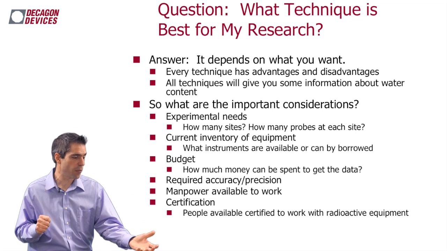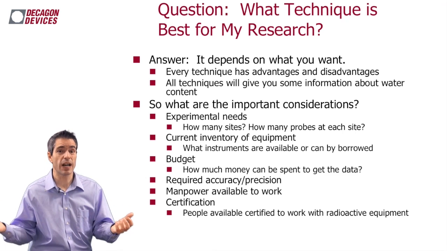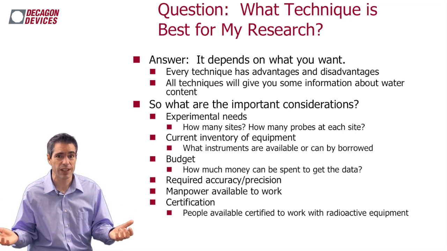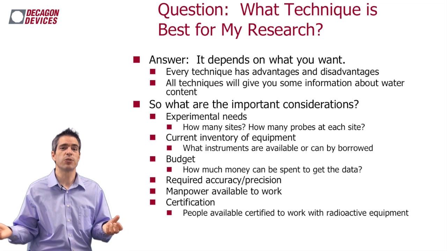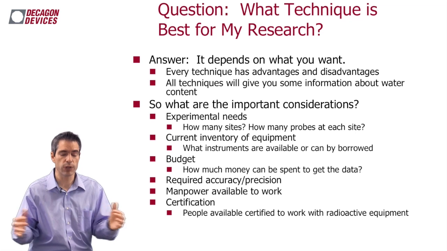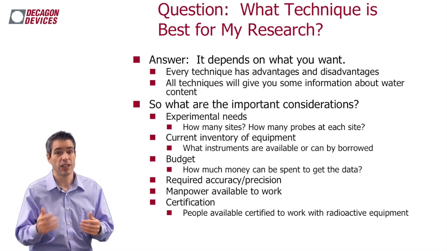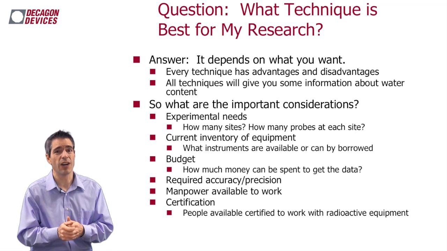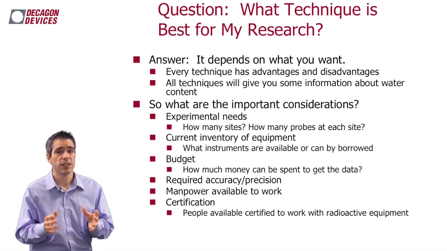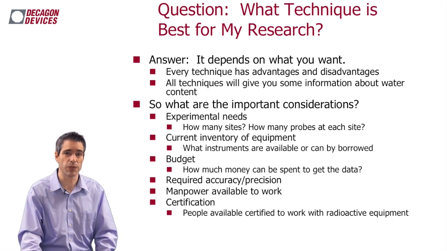Maybe if it's the gravimetric sampling technique, or if we're going to use neutron probes, you've got to have somebody or several somebodies dedicated to go make these measurements day in and day out, especially if you want very good frequent measurements of what's going on in your field. So that's really got to be a consideration. And finally, certification. If you're going to use a neutron probe, obviously you've got to be certified to be able to use that technique, and so that's going to take some time and create additional hassle for the measurement.